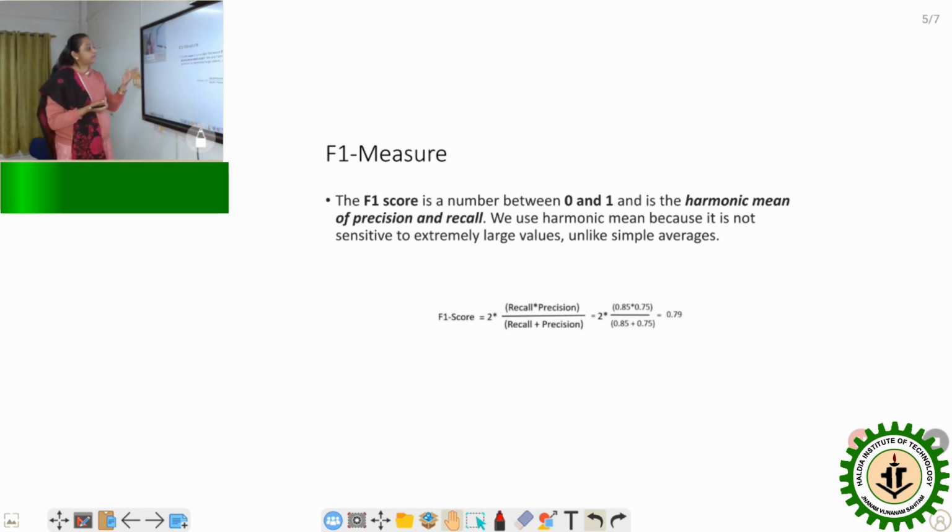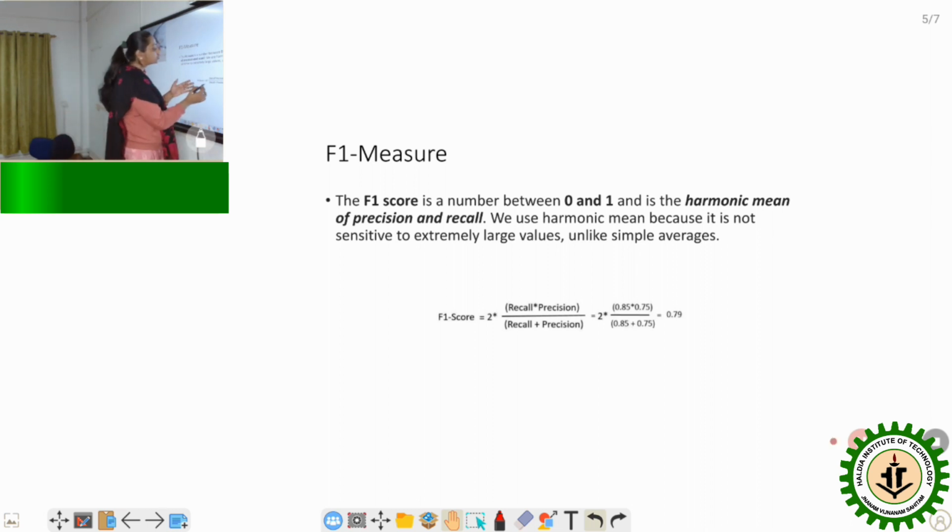That's why we have taken the F1 measure. So the F1 score of this problem is 2 into recall into precision by recall plus precision, and we will have this. That means if the F1 measure is good, my model is good enough.